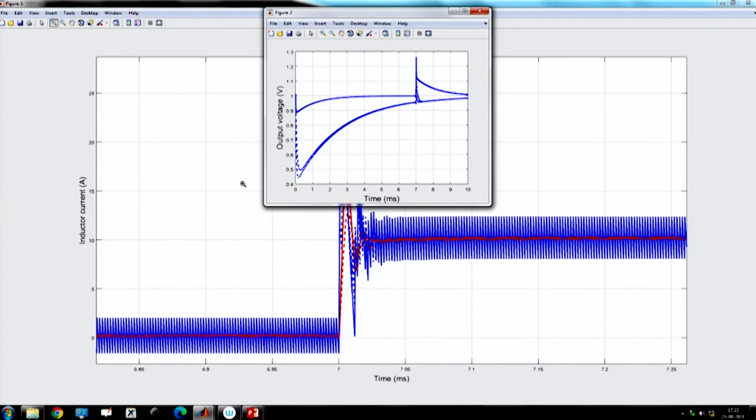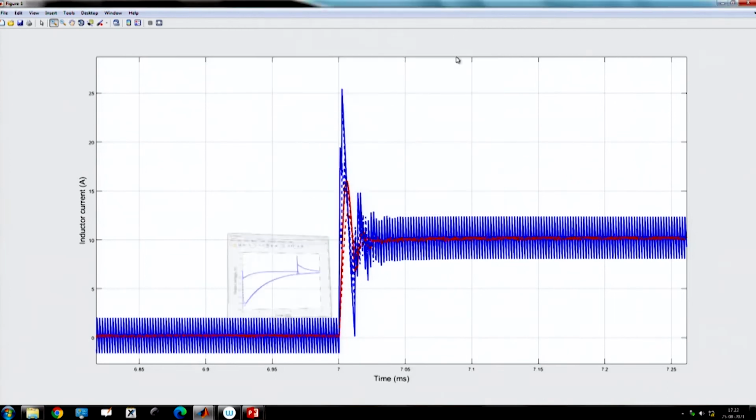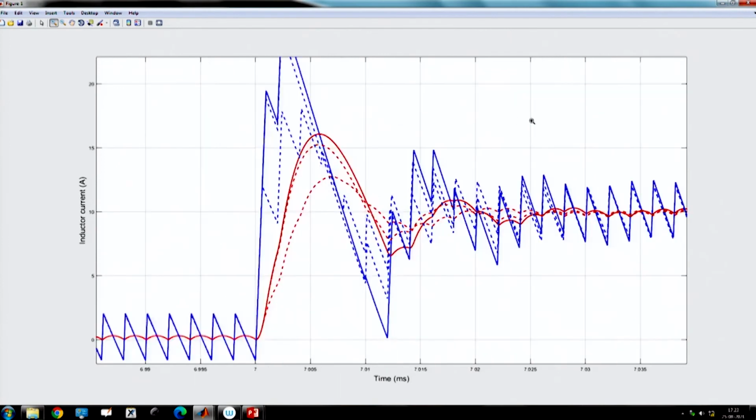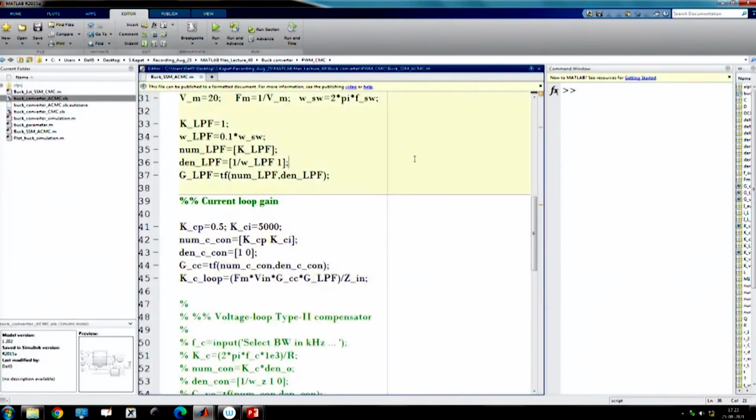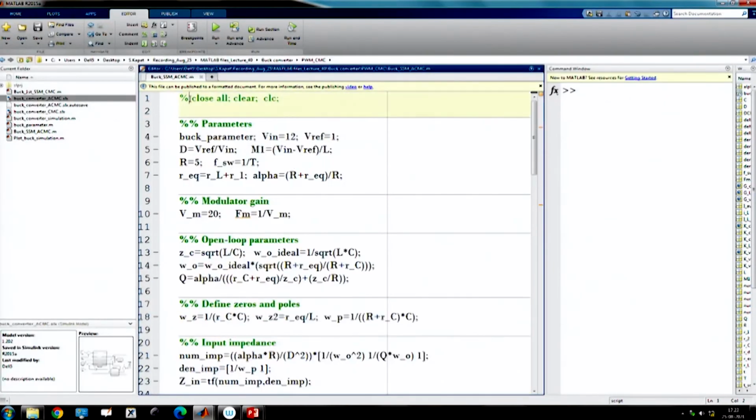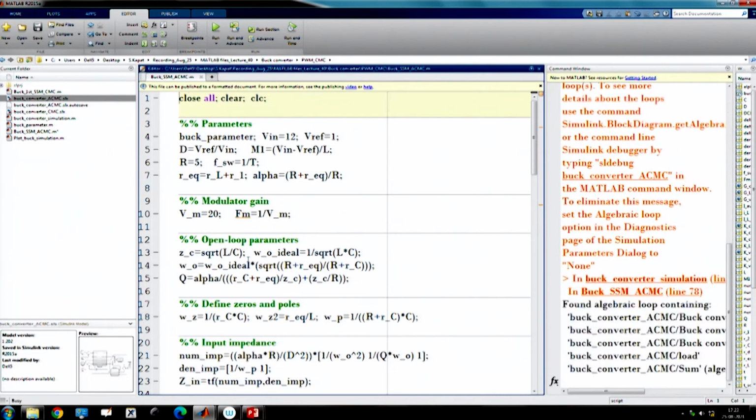So that effect we want to reduce. So now we want to plot it here.